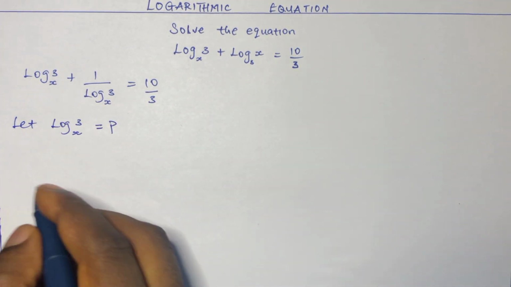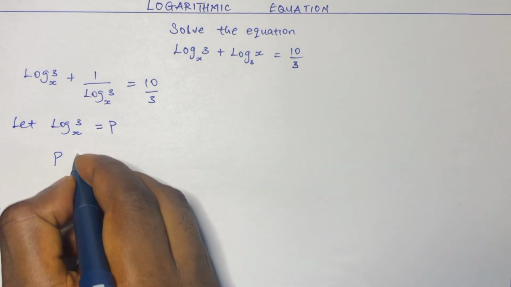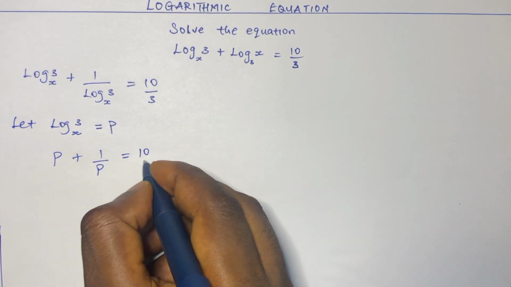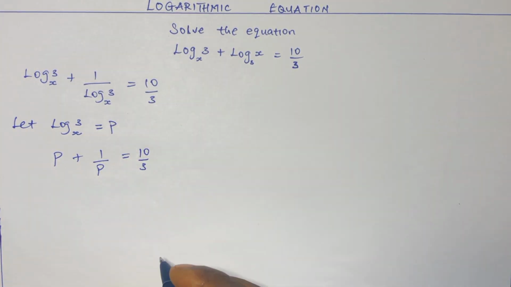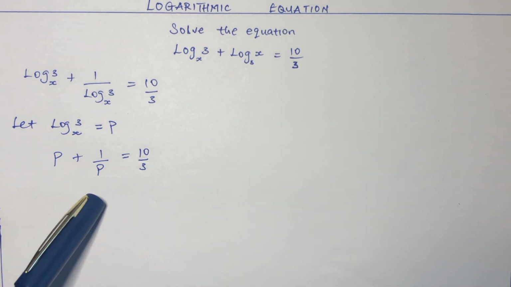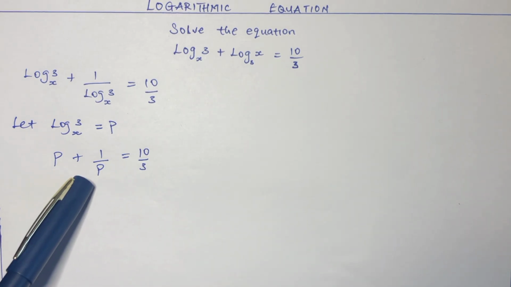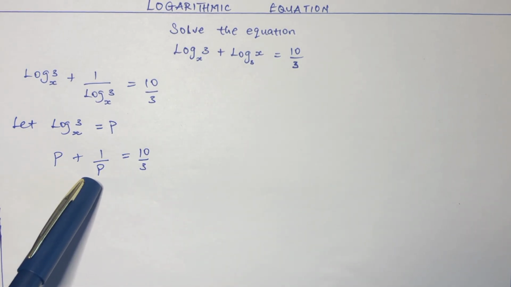So back to what we have here, we have p plus 1 over p will be equal to 10 over 3. So from here, we are going to multiply both sides by 3p. The reason is that when we multiply by 3p, we are going to get rid of these fractions, and also at the end it is going to give us a simple quadratic equation.